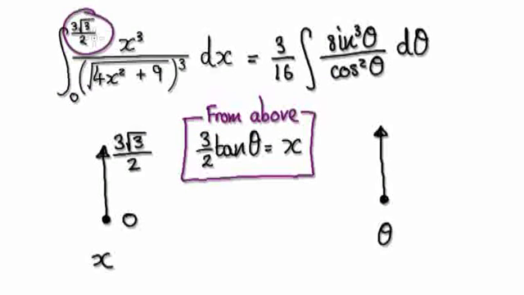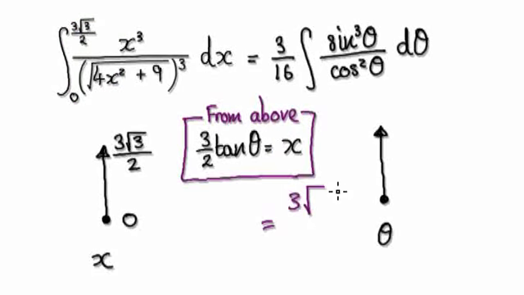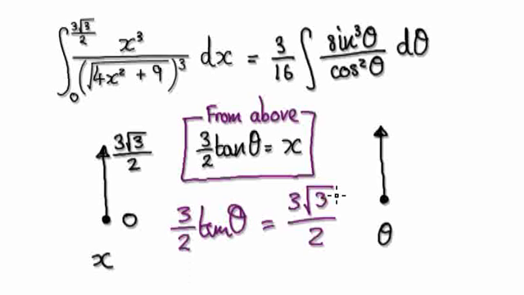Now let's look at this thing. Remember, we are integrating x from 0 to here. We've just done the 0 part. Now we need to tackle this bit. So when x is 3 root 3 over 2, let's look at this now. 3 over 2 tan theta.